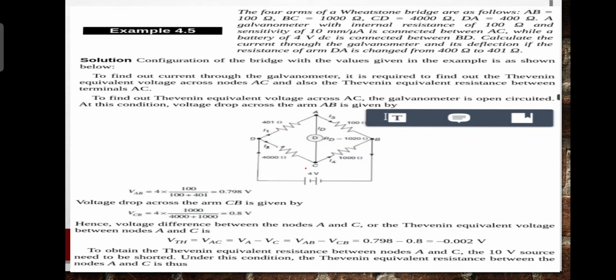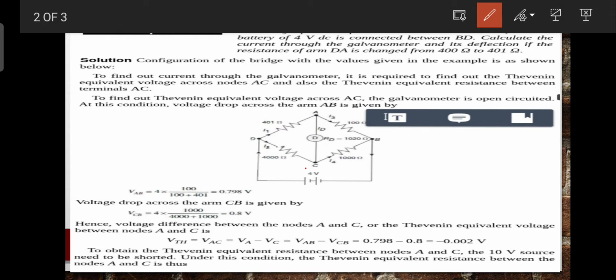Calculate the current through the galvanometer and the deflection if the resistance of arm DA is changed from 400 ohm to 401 ohm. So what is given? That is 401 ohm, that is 100 ohm, that is 400 ohm, and that is the 100 ohm.